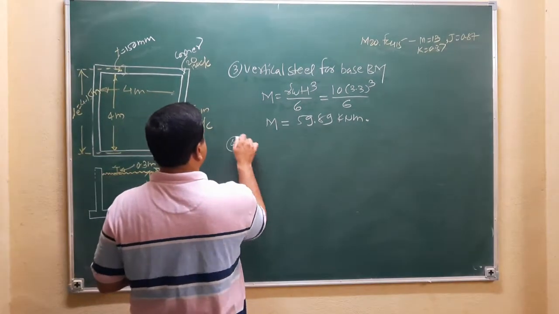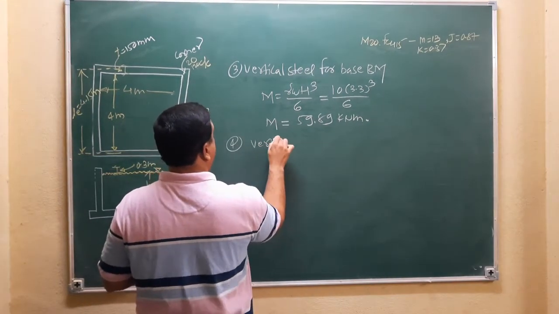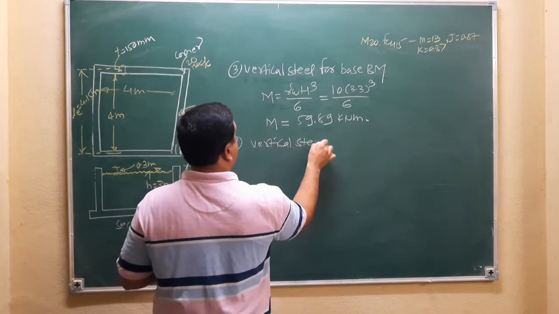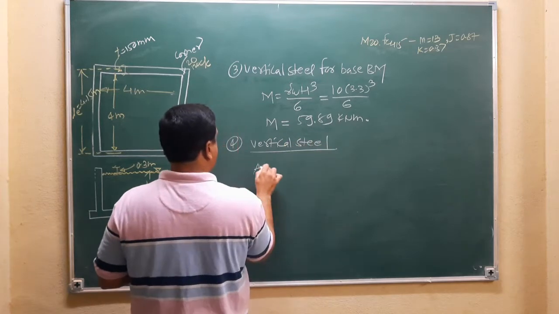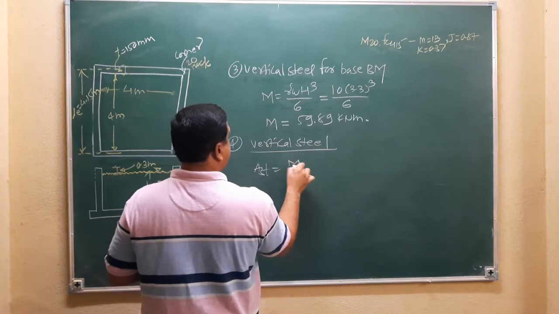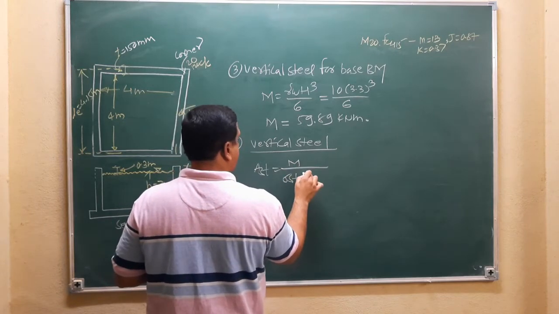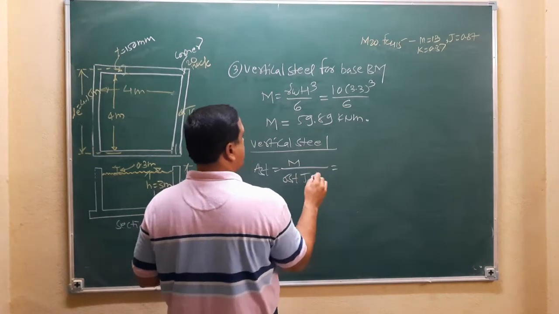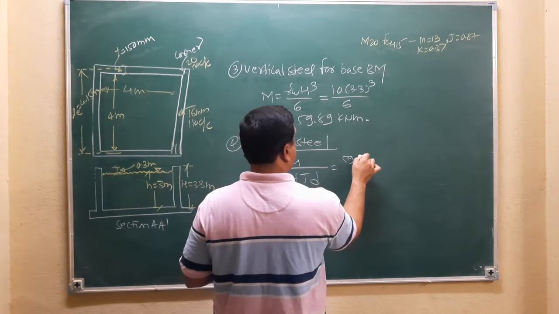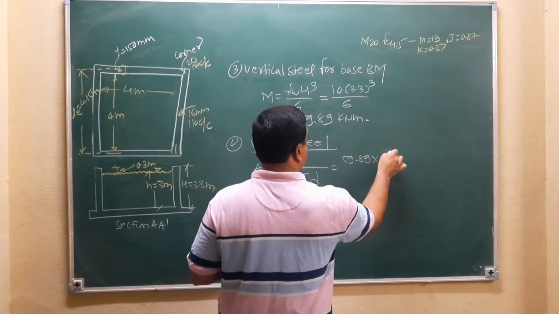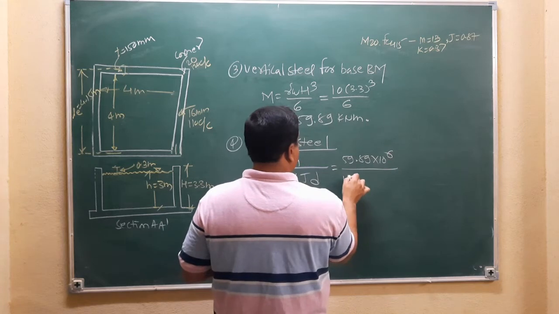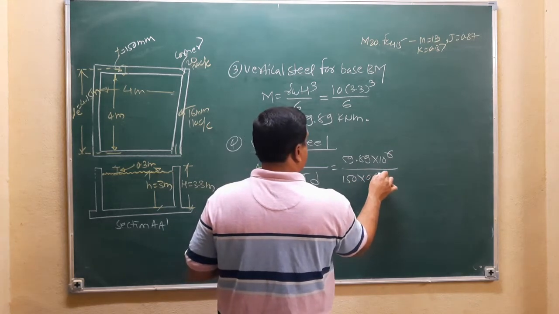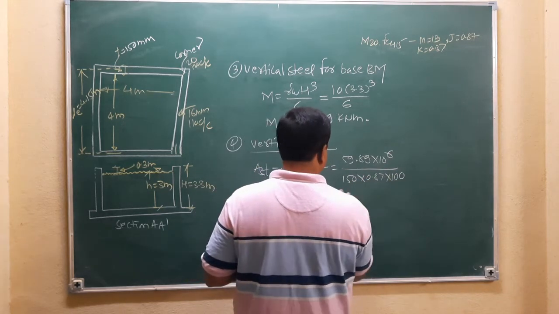So the fourth step, vertical steel: Ast is equal to base bending moment divided by sigma_st into j into d. So the base bending moment is 59.89 into 10 raised to 6, sigma is 150, j is 0.87, depth is 100.